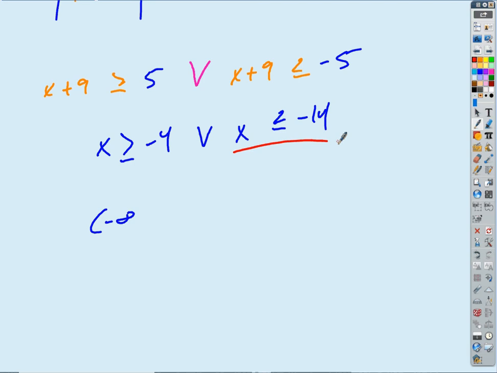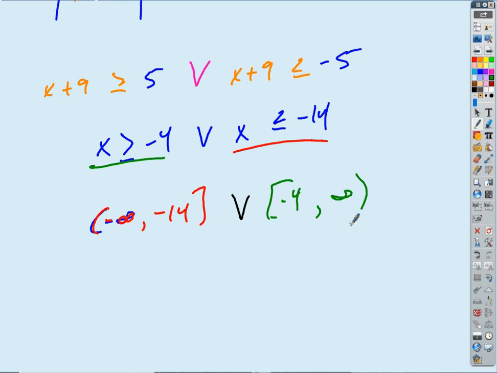I'd go negative infinity, comma, -14 bracket, all values to the left of -14, or this one would have a left endpoint of -4 and a right endpoint of infinity.